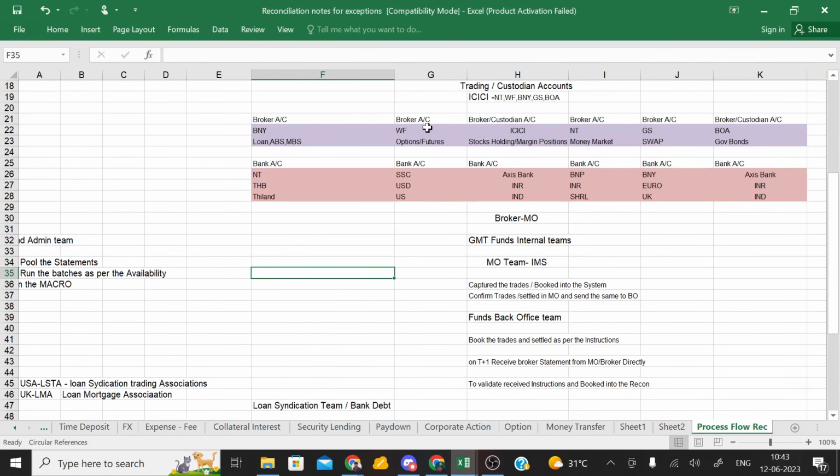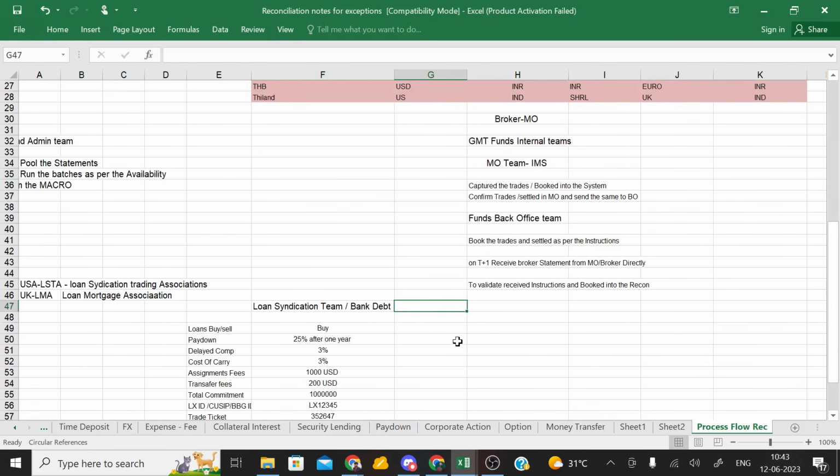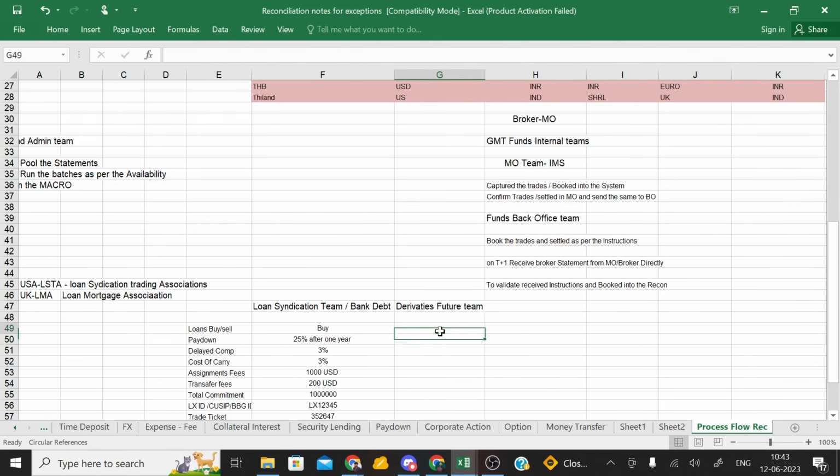Under options, you might see a derivatives and futures team. They work on different inputs.